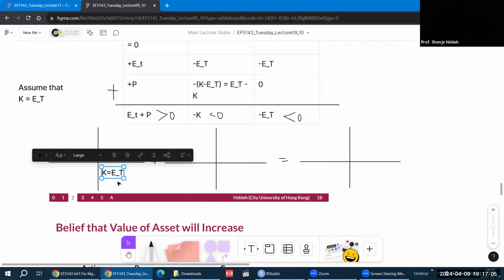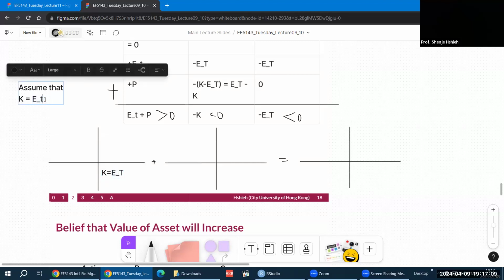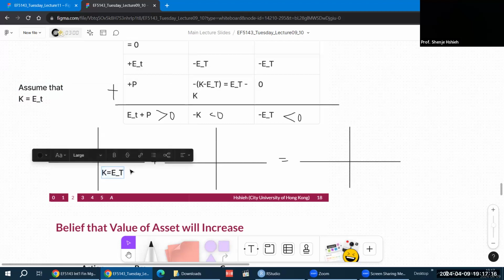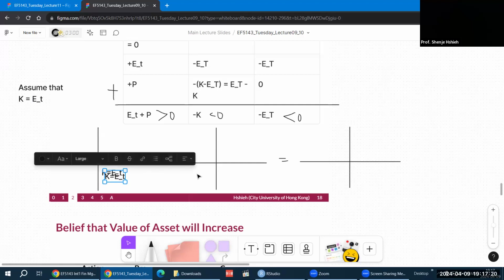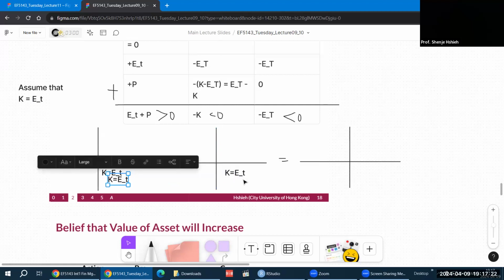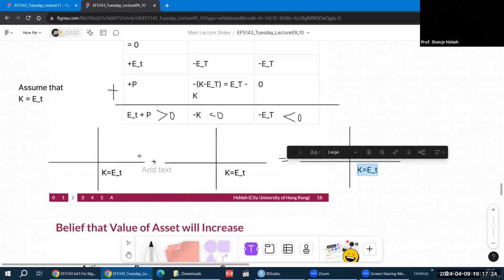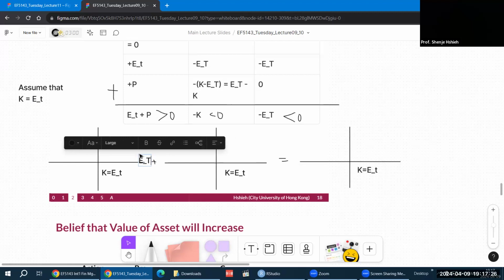Sorry, it's E_T. And let me label the x-axis.